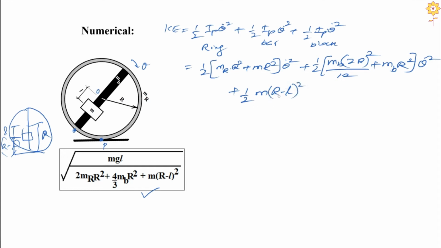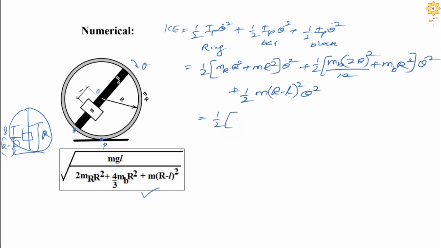So I am trying to apply the definition of mass moment of inertia, right? So we get the mass moment of inertia about point P into theta dot squared, and now you can combine everything.